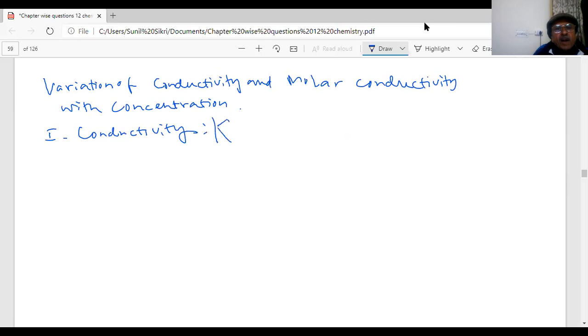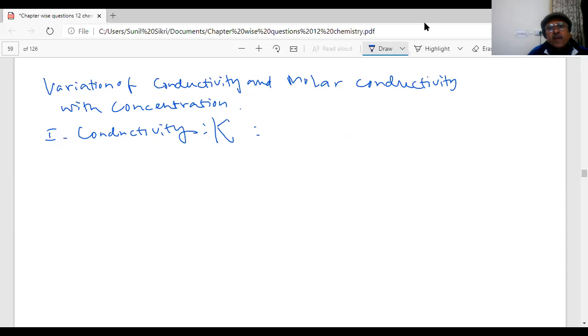Can you tell me how conductivity varies with concentration? If I decrease the concentration, what will happen, students? Will the conductivity increase or decrease? Important question.